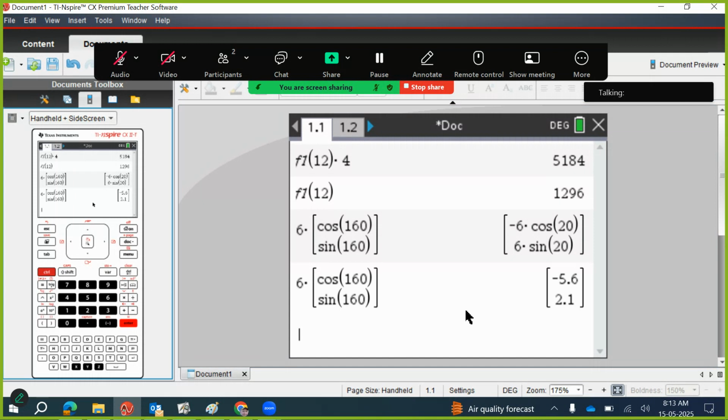Okay, so 6 times, that's the templates button. And then cosine 160. Of course you need to change it to the degree setting. So maybe we just make it clear on this one, and then we edit the matrix. And then let's define the shape and size of the matrix.